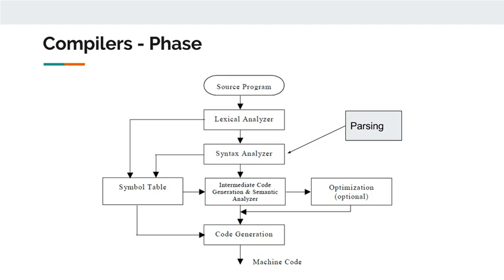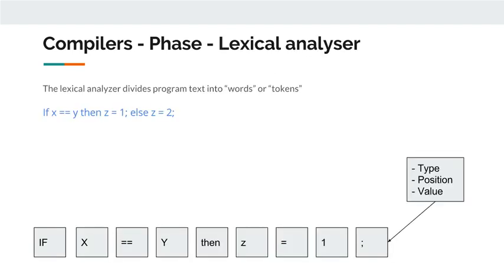Basically, what the scanner or lexical analysis does is help you break down all the source code you fed in into small chunks. The lexical analyzer takes the source code and breaks it down into small chunks, which are usually called tokens.